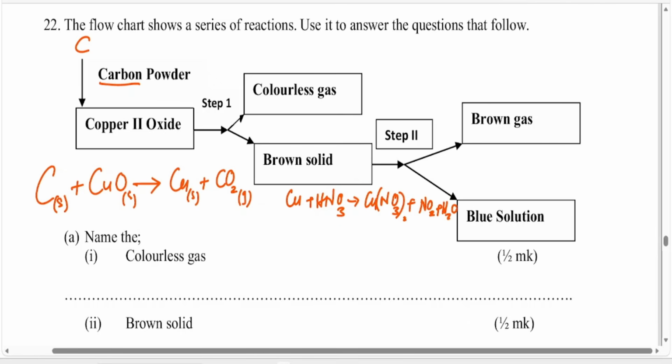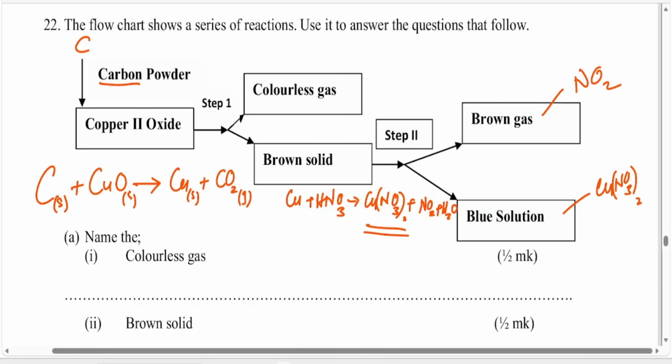This nitrogen 4 oxide gas is brown in color, and the blue solution is copper 2 nitrate solution. So in this case, I can confidently say that brown gas is nitrogen 4 oxide gas, and blue solution is copper 2 nitrate solution. And that is what is happening in this particular flow chart.